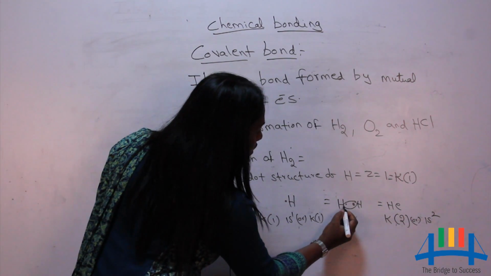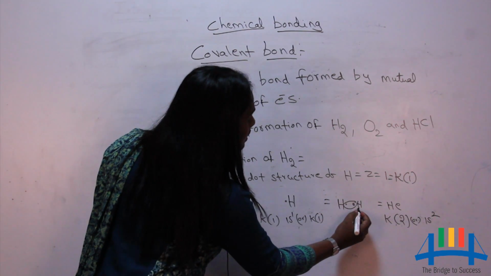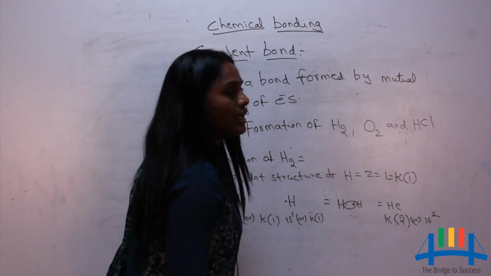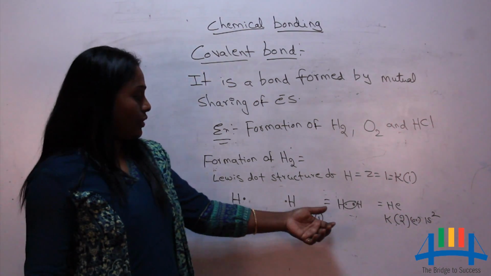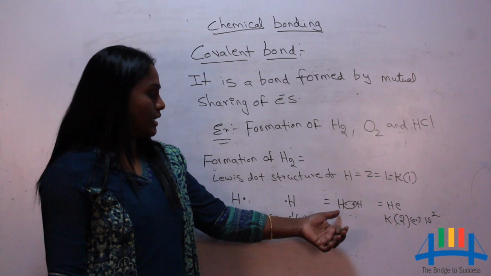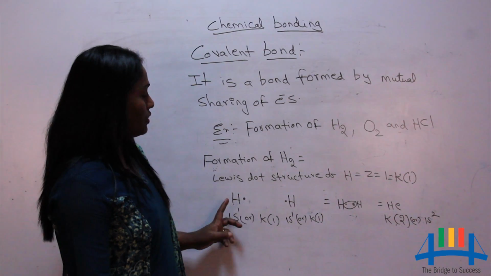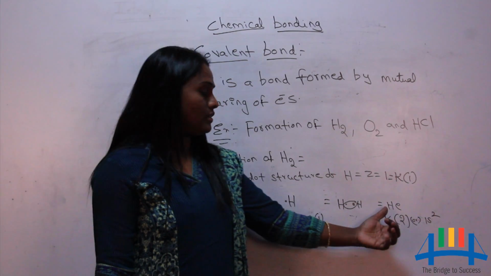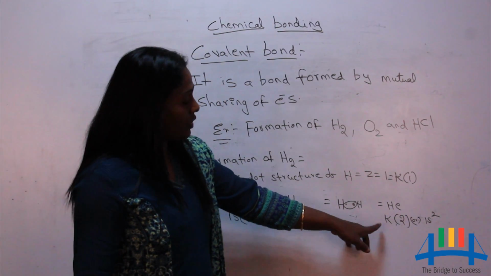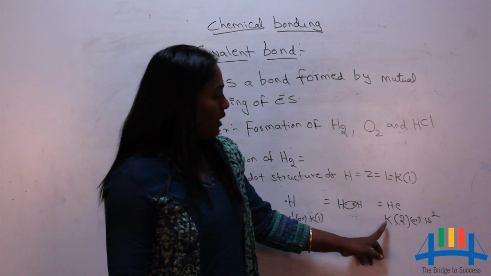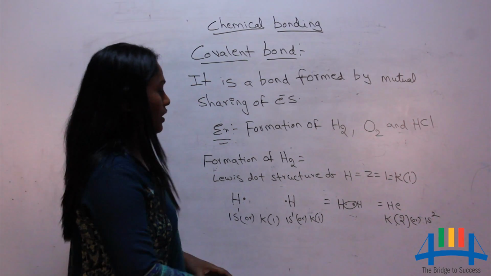Here is hydrogen with one electron and hydrogen with one more electron. Now you find out its nearest noble gas. The nearest noble gas for hydrogen is helium with configuration 1s2 or K2.